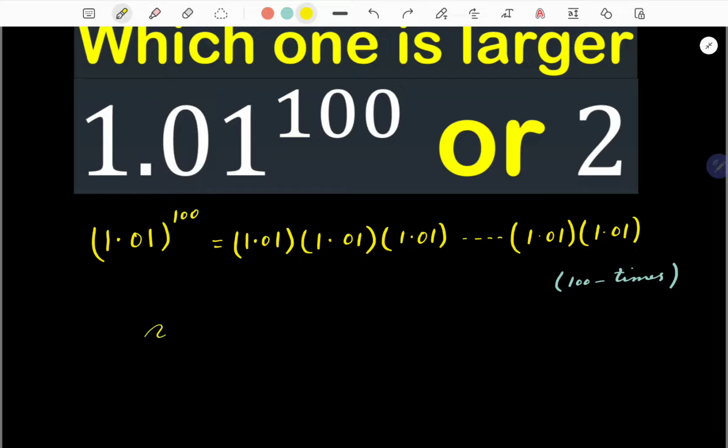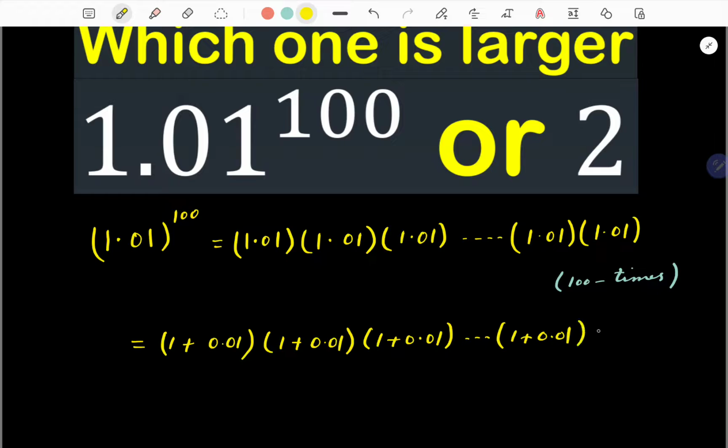Now this can be written as 1 plus 0.01, 1 plus 0.01, 1 plus 0.01, and so on. These are again 100 terms.